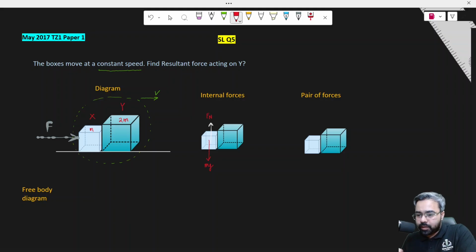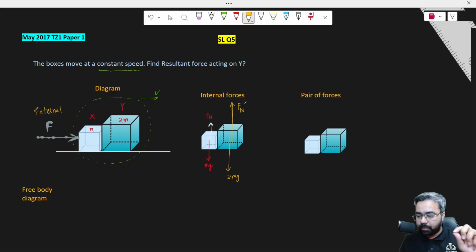Now the second mass, box Y, has twice the mass, so it must have twice the force of gravity, and that equals this upward force applied by the floor. So this equals 2mg. These are the internal forces, and this is the external force which is applied on the whole system.